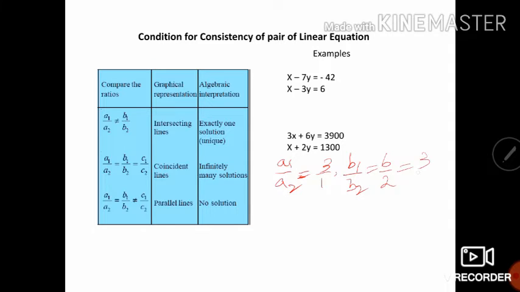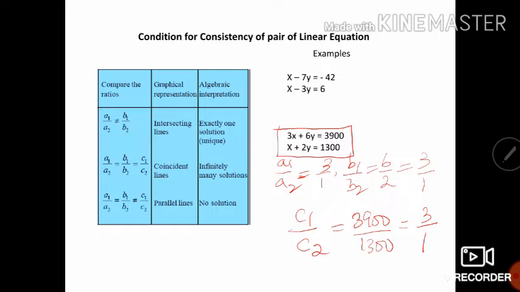On reducing, this becomes 3 on 1, and c1 upon c2 is 3900 upon 1300, which on reducing is also 3 on 1. All these ratios are equal, and hence when these lines were represented on the graph, they gave us coincident lines and infinite solutions.